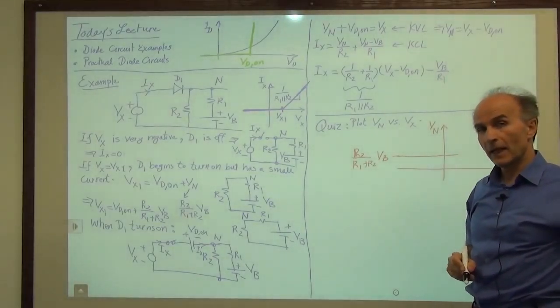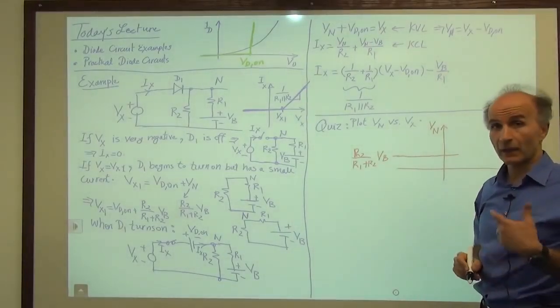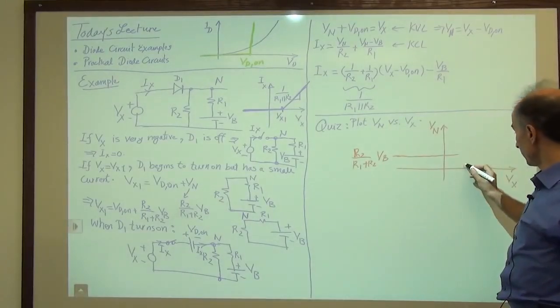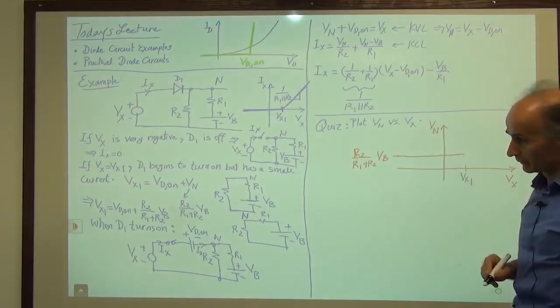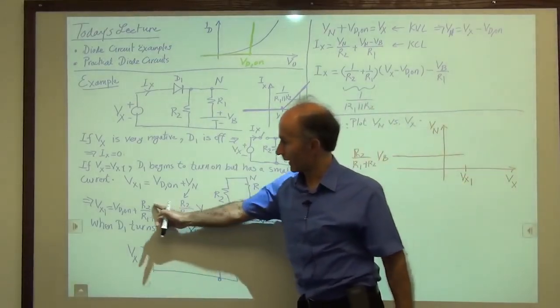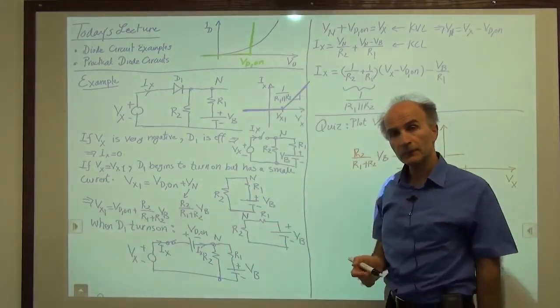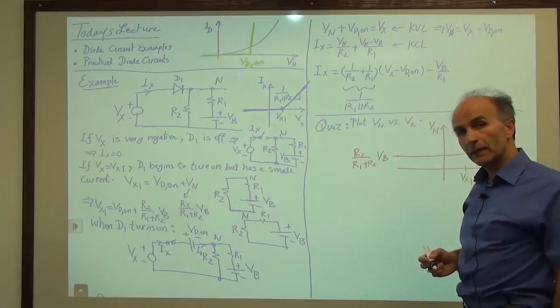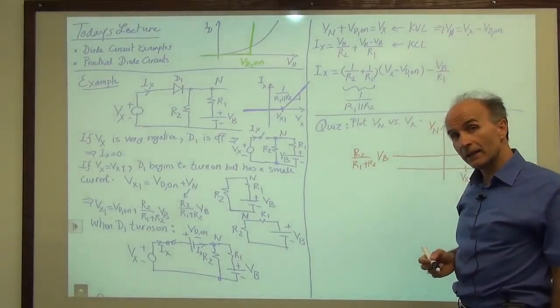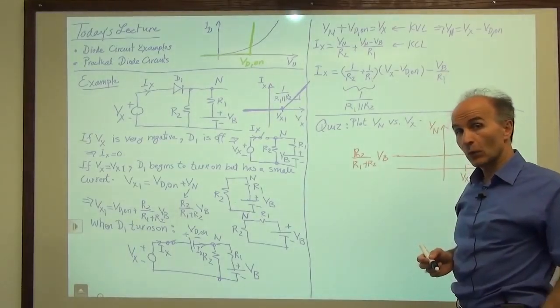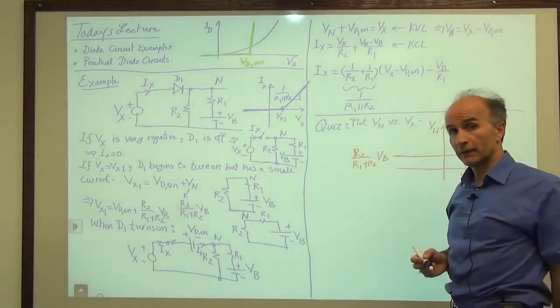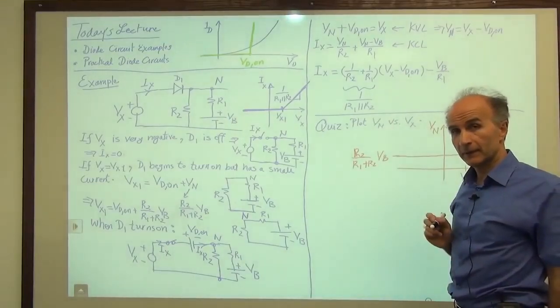All right. Now, at some point the diode turns on. We know at what point. So at Vx1, as calculated before, the diode turns on. And Vx1 is this value here. Okay, now what happens to Vn when the diode turns on? Well, we actually have an equation for it from the first step.